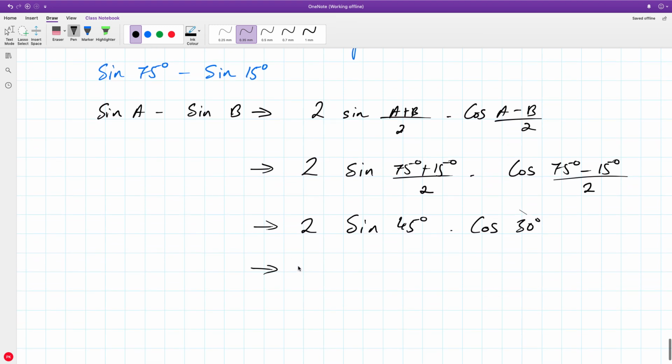That is 2 times the sine of 45 is 1 over root 2 by the cos of 30 degrees, which is root 3 over 2.